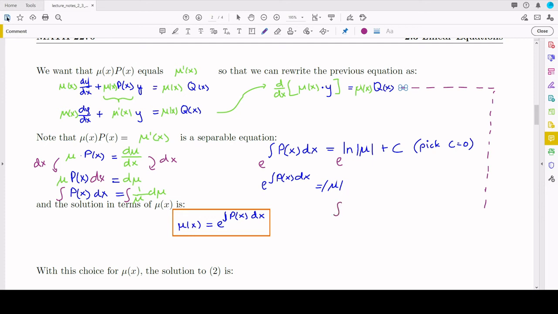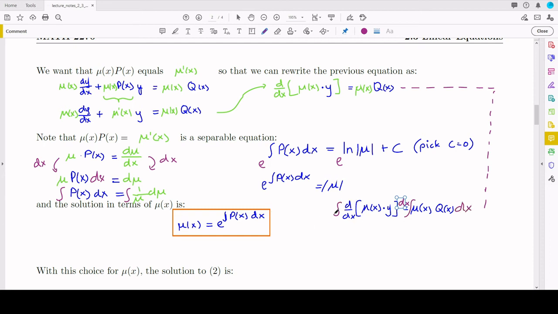So we have the integral of d dx of mu of x times y equals mu of x q of x, and then we have a dx here and a dx here.